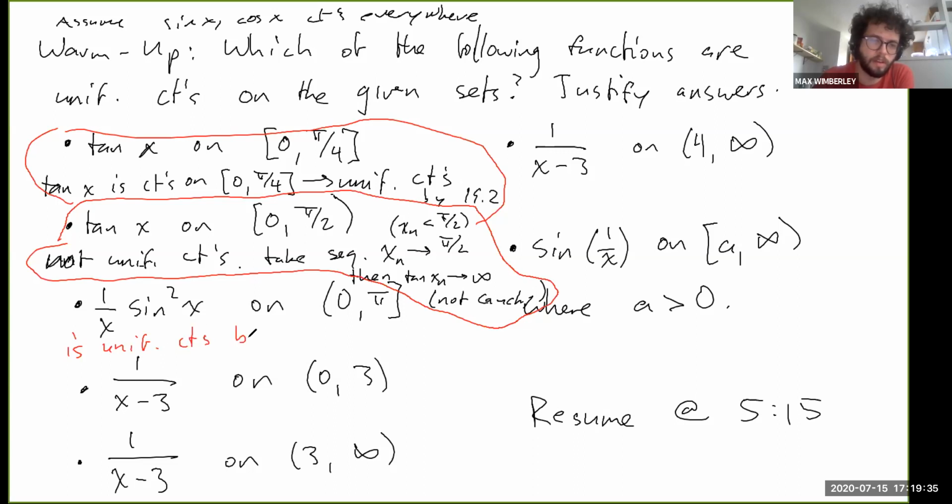It's a little bit hard to be really rigorous about this, but we can extend 1 over x sine squared of x to 0 to pi by defining the value at 0 to be 0.